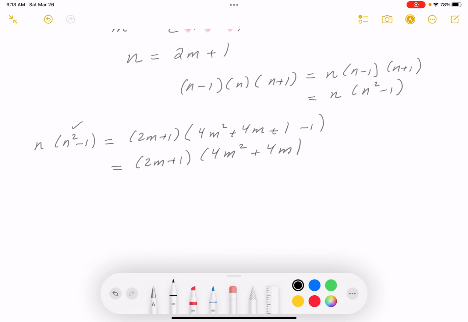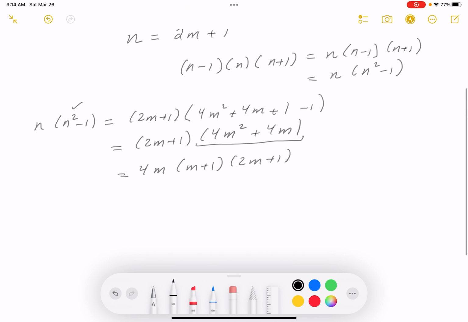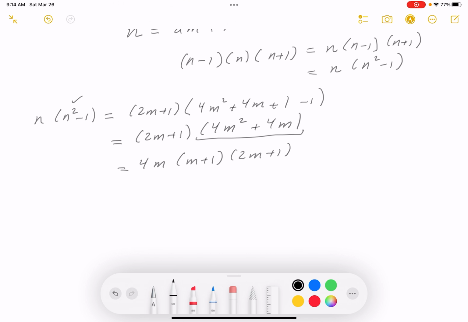Okay, I'm going to factor that a little bit. You're going to get 4m, m plus 1. I just factored this part. And then you're going to get 2m plus 1. I keep moving on this one and hoping it's going to lead somewhere, right?